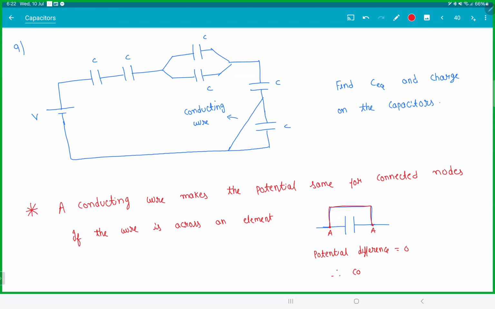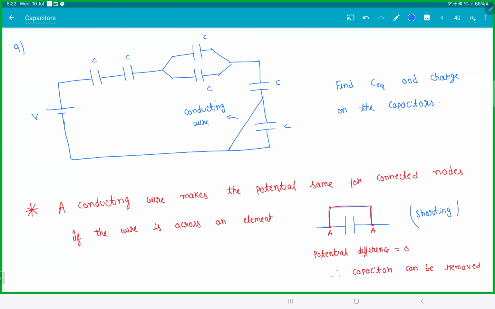Therefore, the capacitor can be removed. This is what we call shorting. You'll understand the importance of this later on. Getting it? So basically, this is a short circuit. We'll say the element is shorted. This is the meaning of this.